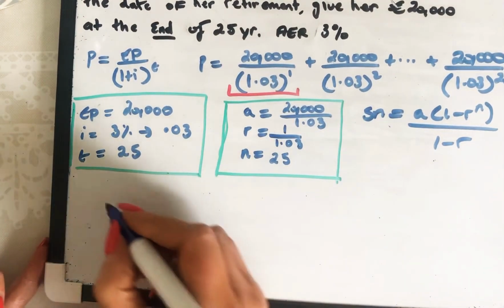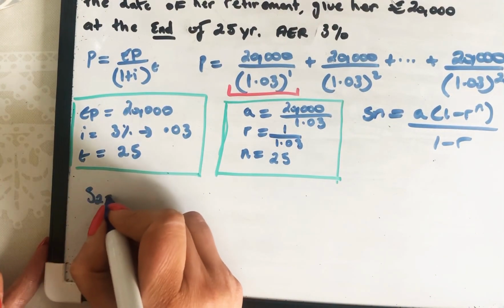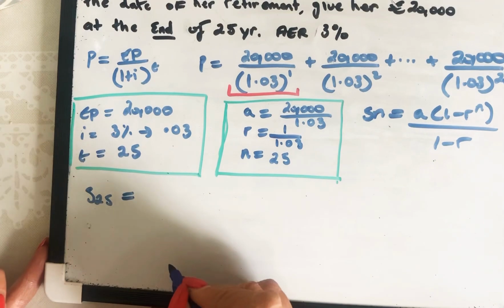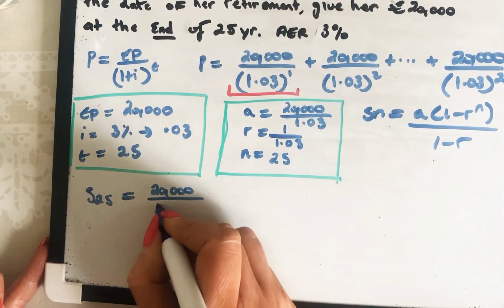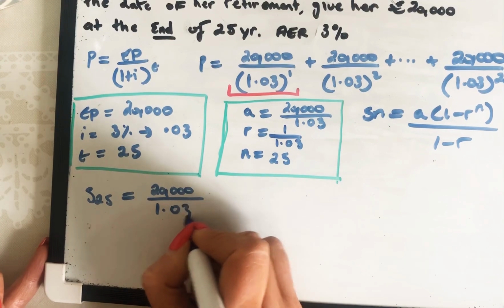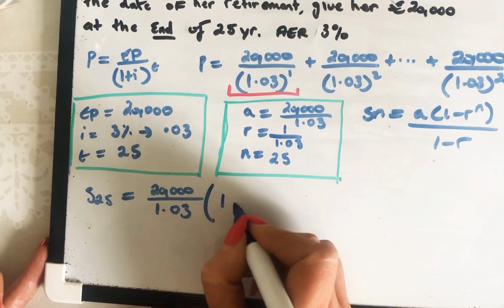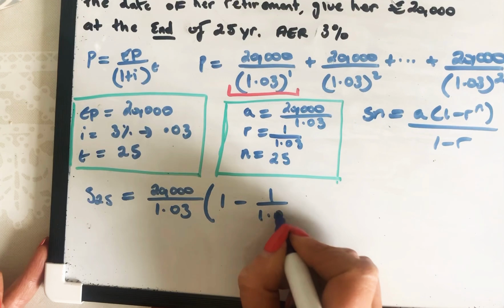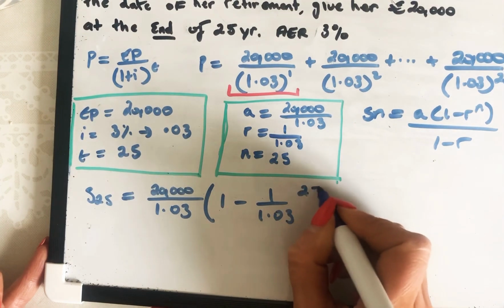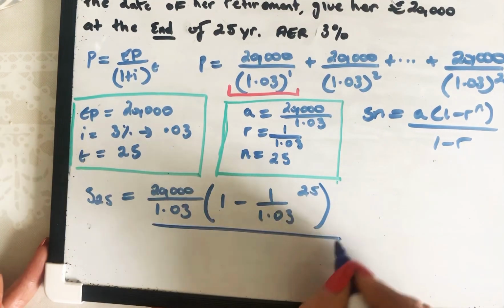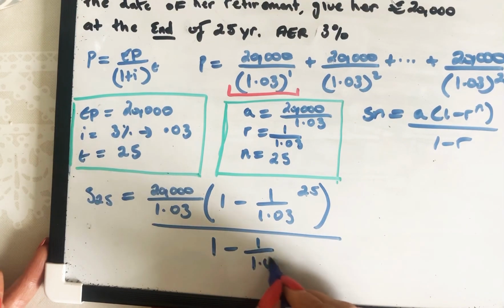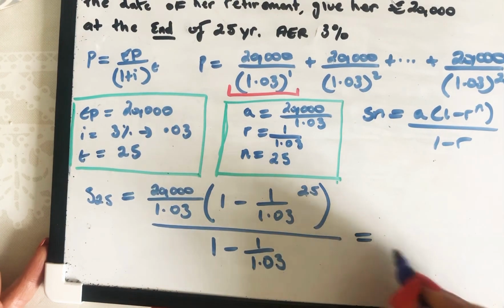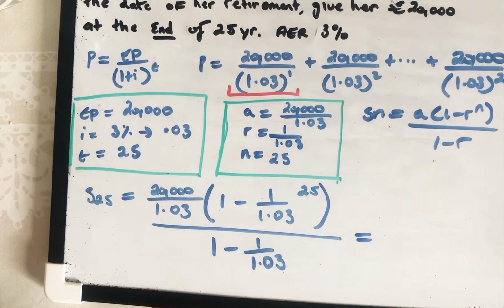S25 is equal to A, which is 20,000 over 1.03, bracket 1 minus 1 over 1.03 all to the power of 25, and all divided by 1 minus R, 1 minus 1 over 1.03. So let's go to our calculator now and input this to get a value.